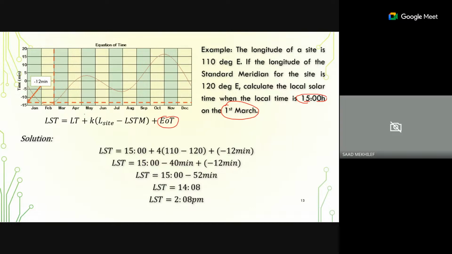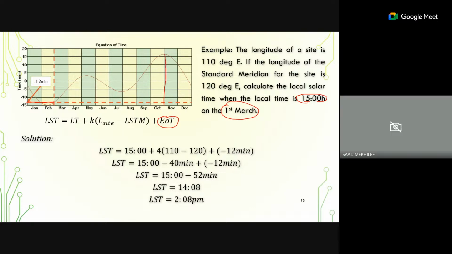This equation of time, you can calculate from here. This is the curve of the equation of time. This is the 1st of March, and then you come here, it is equal to minus 12. So for example, if you have the 1st of November, then this is the equation of time.